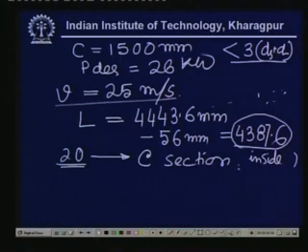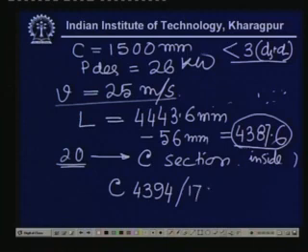What is the standard? As per the design data book, it comes out very near to this value, something like 4394. So our designation is C4394 oblique, corresponding inches is 173.